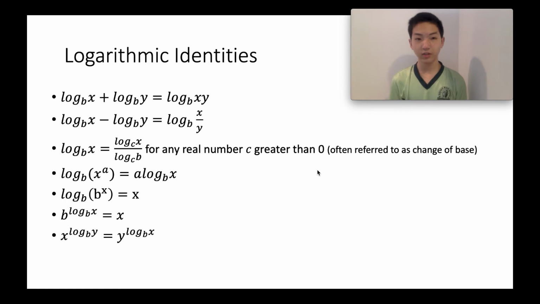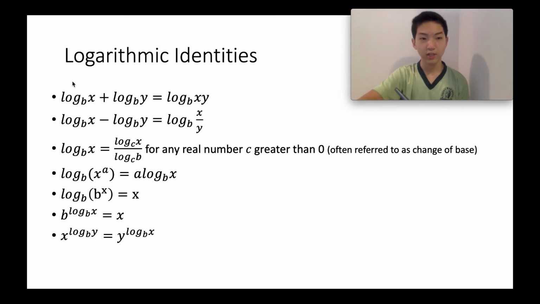These identities are very important, and I'll be going over the proofs for 3 of them on the next slide. So first we have log base b of x plus log base b of y is equal to log base b of x times y. This is just kind of the inverse of the exponential identity.